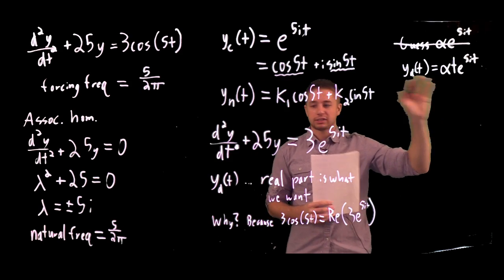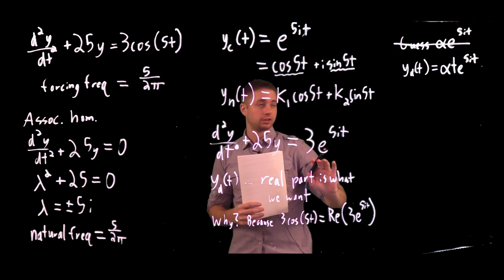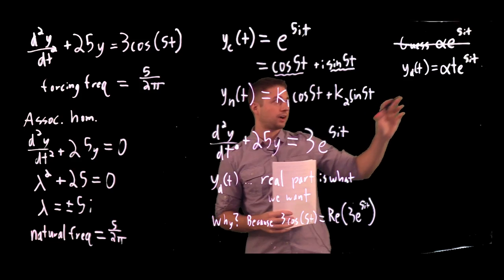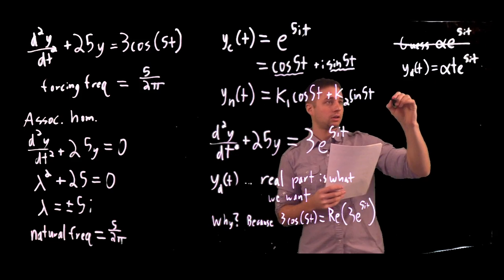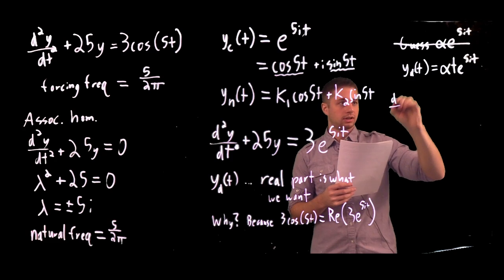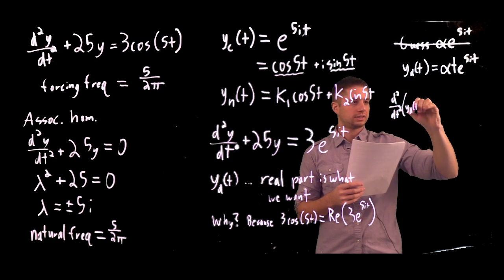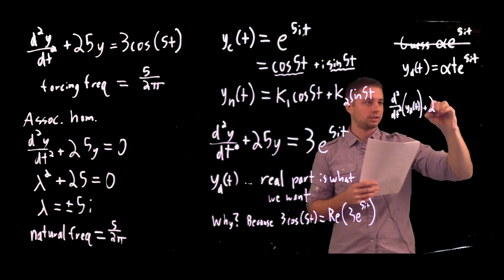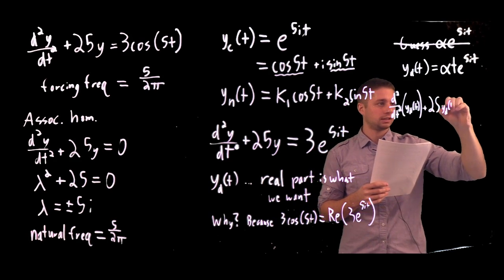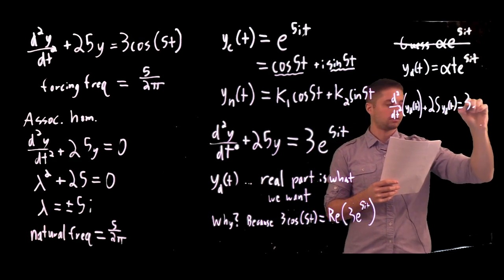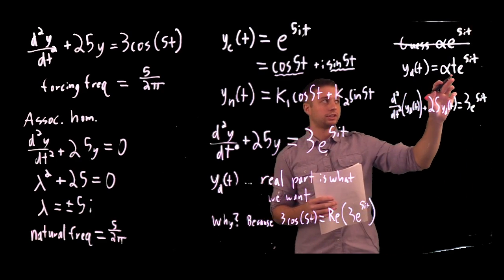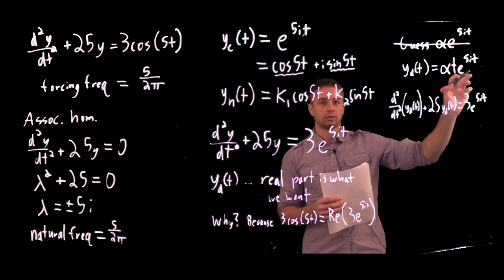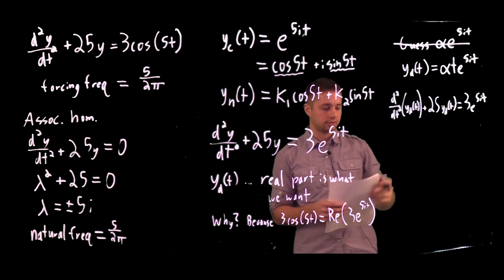So we're going to plug this into both sides of the complexified differential equation, and then we're going to find what alpha works. So we're going to have the second derivative of this y_d(t) plus 25 times this y_d(t) equals 3e^(5it). We're going to skip all this differentiation for now. There's a lot of product rule involved because we have a function of t times a function of t.